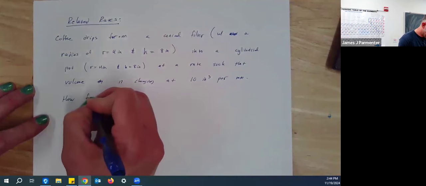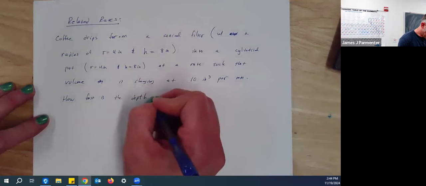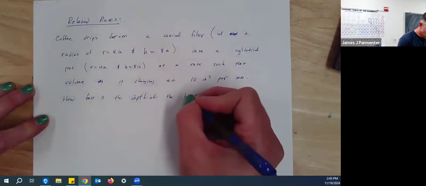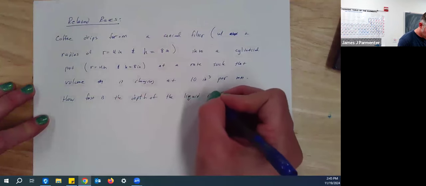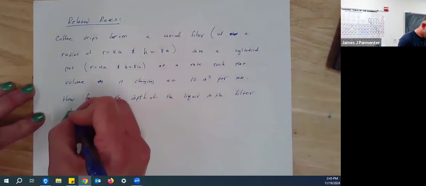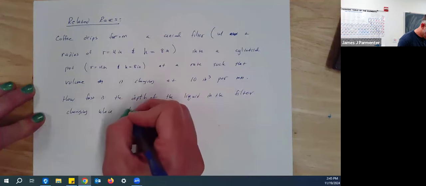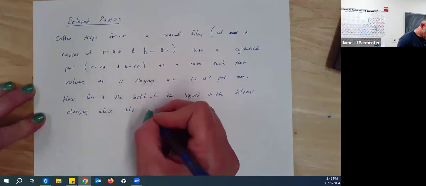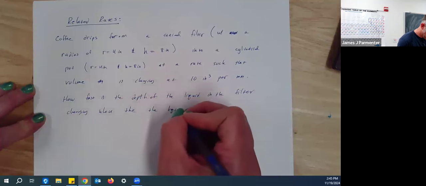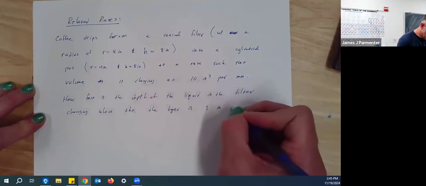How fast is the depth of the liquid in the filter changing when the liquid is 3 inches deep?